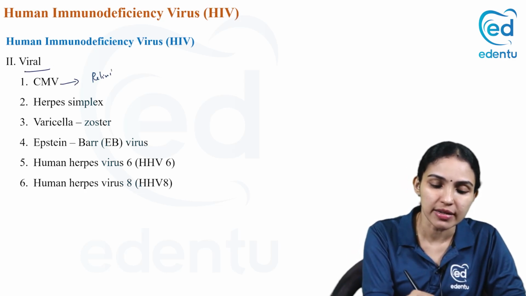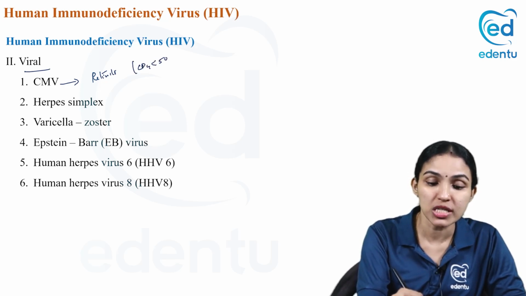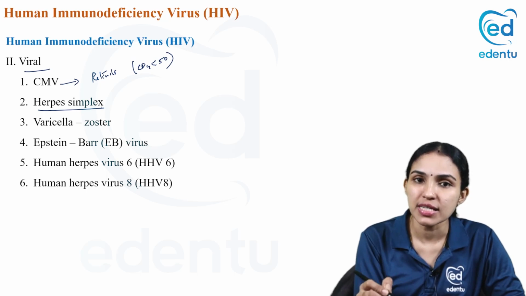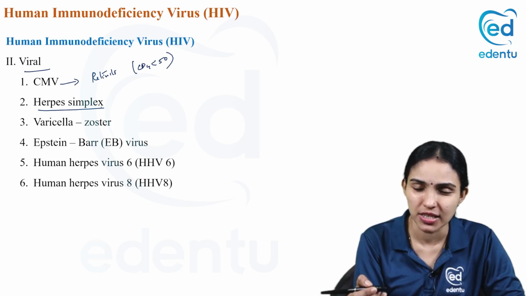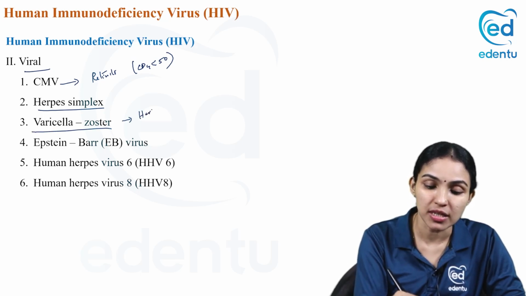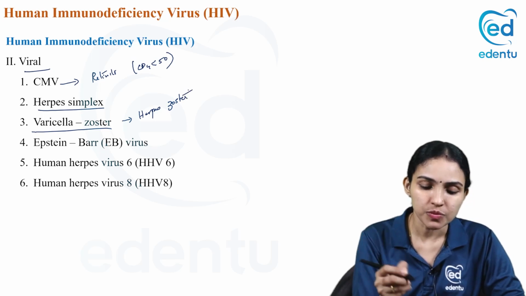Coming to the viral opportunistic infections, this is cytomegalovirus. It can cause retinitis in HIV patients when the CD4 count falls below 50. Similarly, HSV can cause various infections, skin lesions, encephalitis and genital lesions. Varicella zoster, mainly causing herpes zoster, can be seen in HIV.